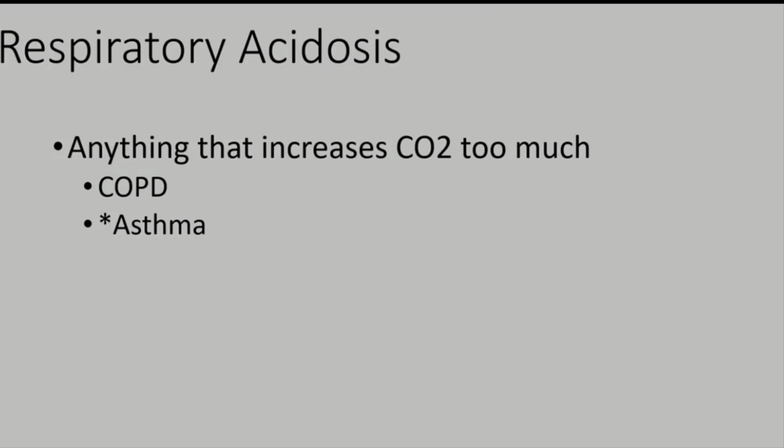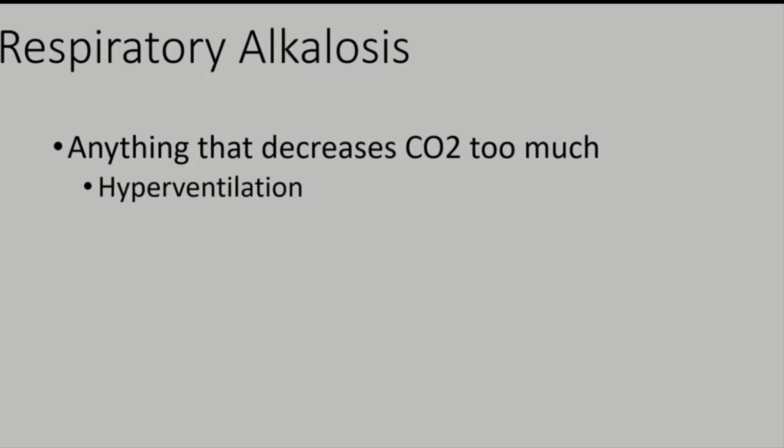For example, COPD, emphysema, asthma. And on the other hand, we have respiratory alkalosis, anything that decreases CO2 in your body below normal values, such as hyperventilation. If you're breathing too much, you're blowing off excess CO2, and that low CO2 can cause you to go into alkalosis.